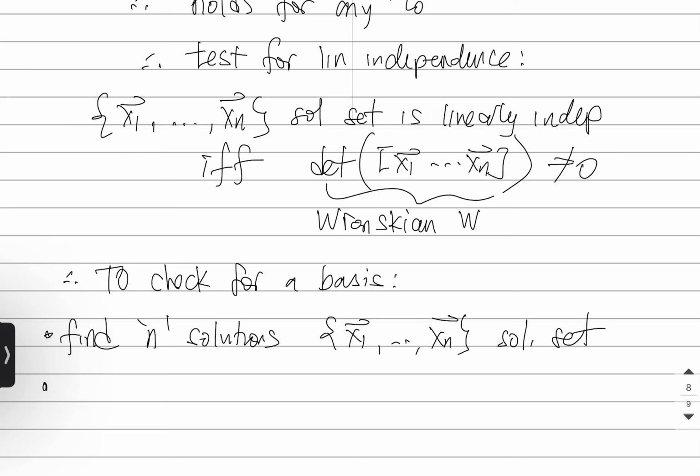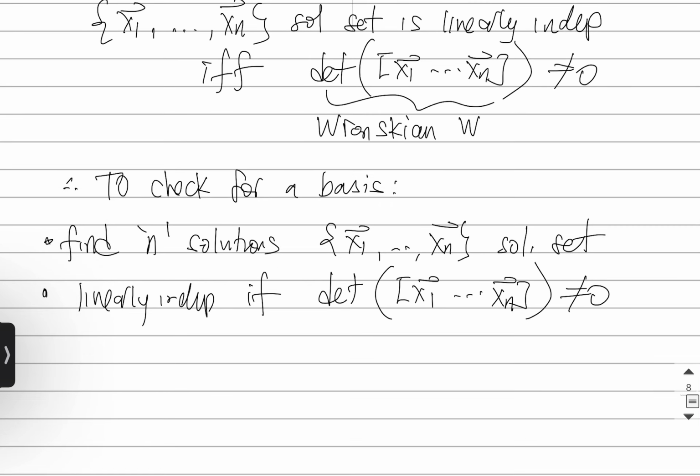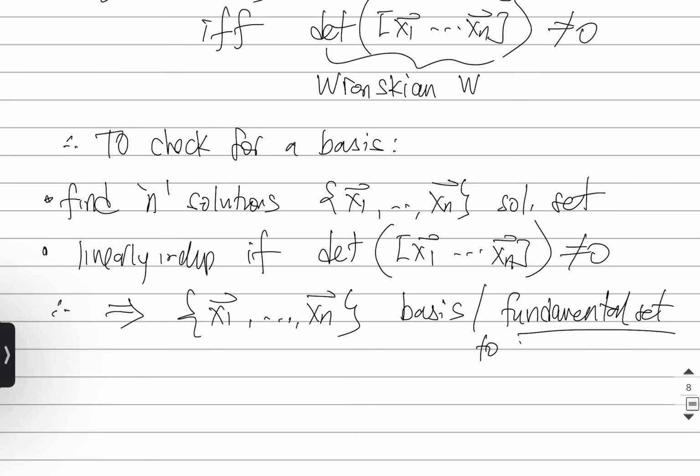They will be linearly independent if the determinant of the matrix that holds these things as columns is non-zero. And then that means this set will be a basis. And we are going to call this a fundamental set, a fundamental set of solutions to our problem Lx equals 0.